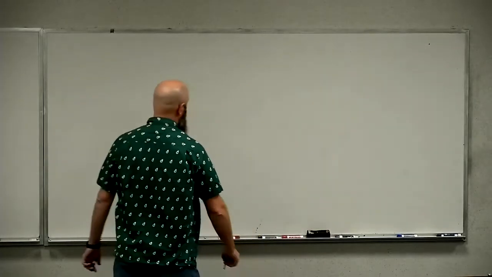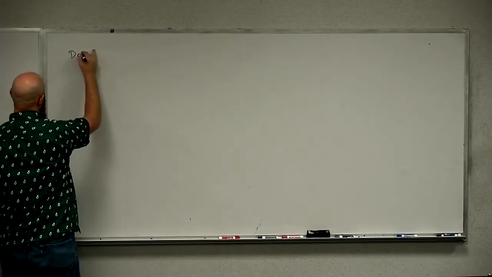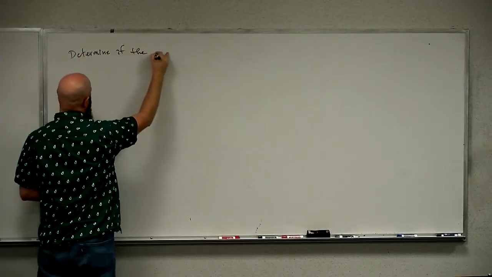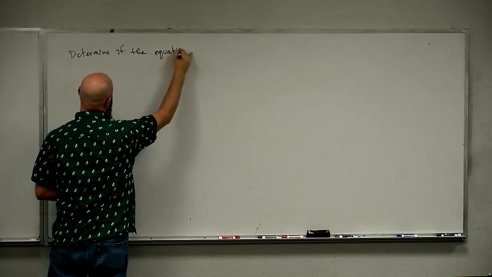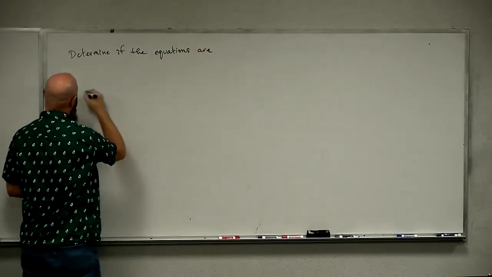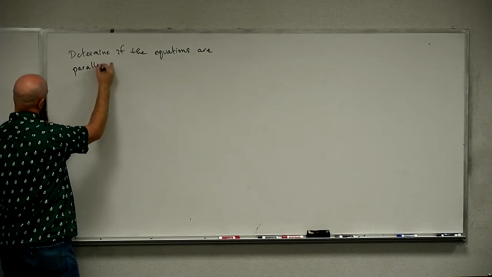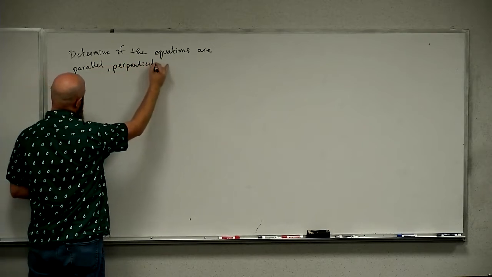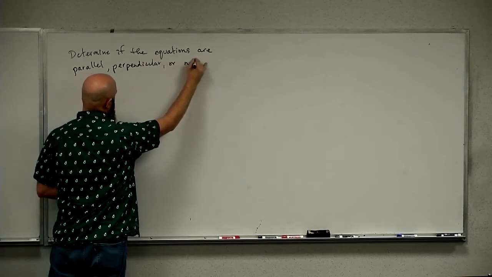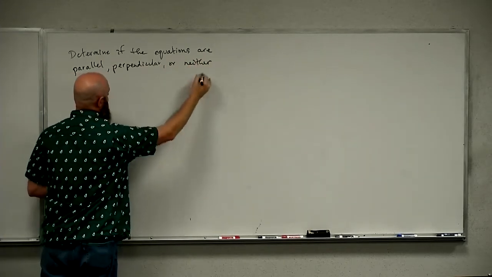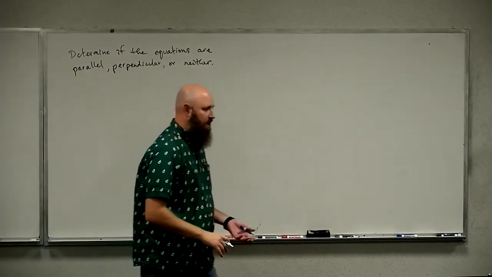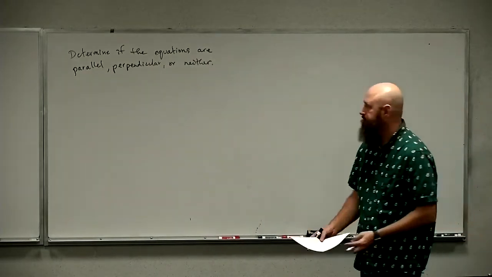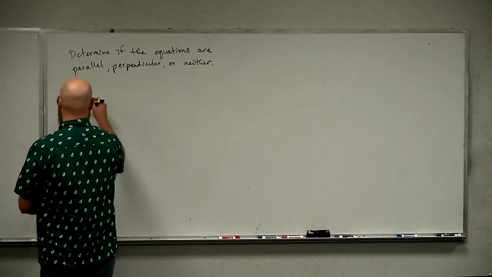Okay, so determine if the equations are parallel, perpendicular, or neither. So are they parallel, are they perpendicular, or are they neither one? Okay. All right, so our first one here.